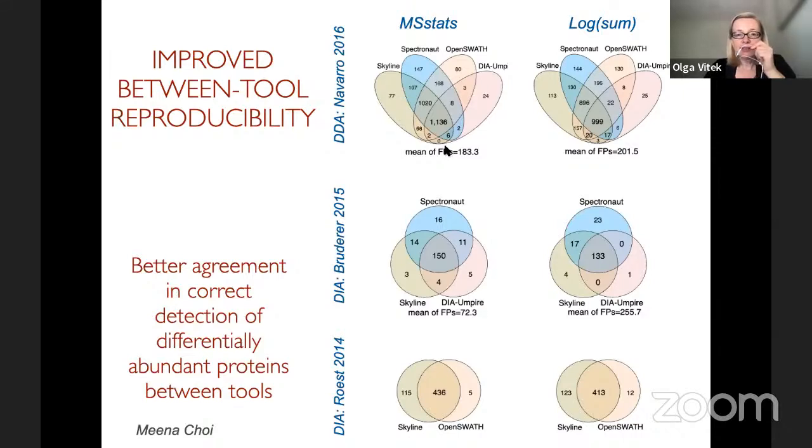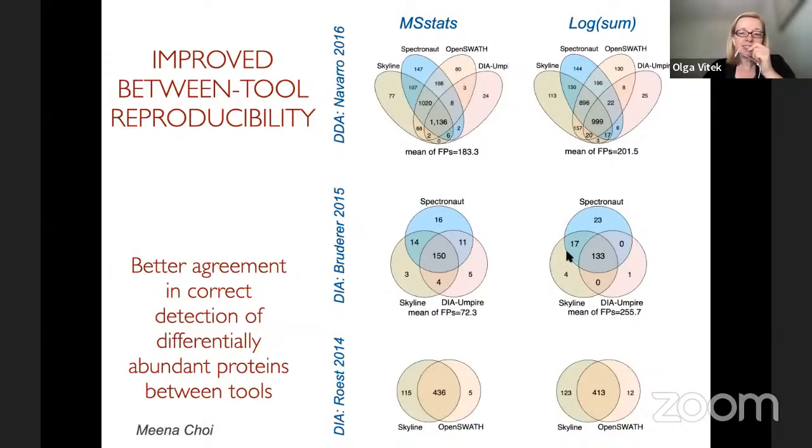What is good to see is that if we use this type of analysis with MSstats, the intersection of true positives between the tools is higher than the intersection if we just take the sum of the features and take the logs. And the same in terms of the false positives, we minimize the false positives compared to log sum.